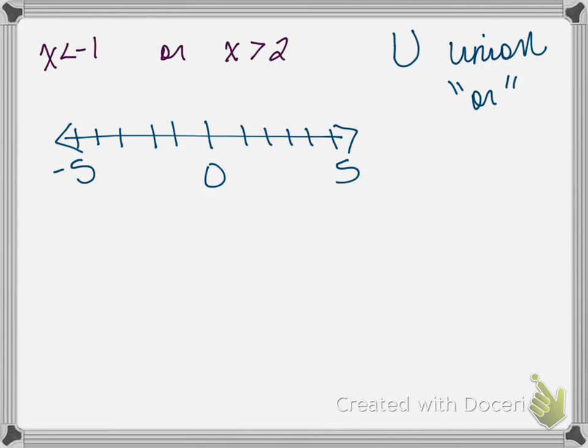So I'm going to have a parenthesis at negative 1. Then I've got x is greater than 2. So I put a 2 here, I put a parenthesis here, and then I go to the right, because it's x is greater than 2.